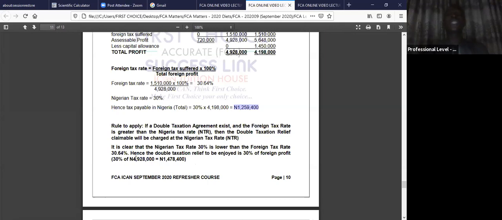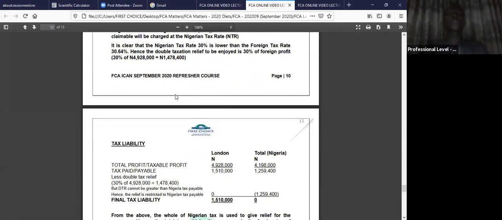So in as much as you are using 30% on the foreign income and you are still getting something bigger than Nigeria, you are going to be relieved, restricted to this amount. So this is the amount that you are going to be relieved in Nigeria. So you end up not paying any tax in Nigeria, all of them going as relief, while you are only paying this amount here in the foreign field.